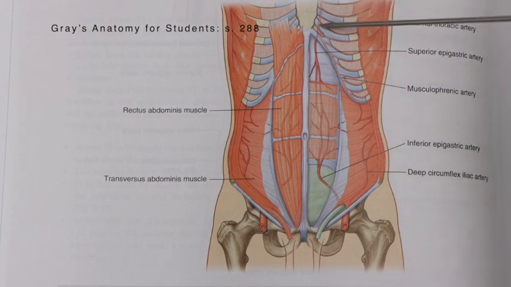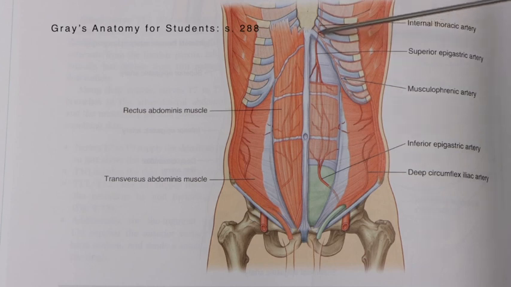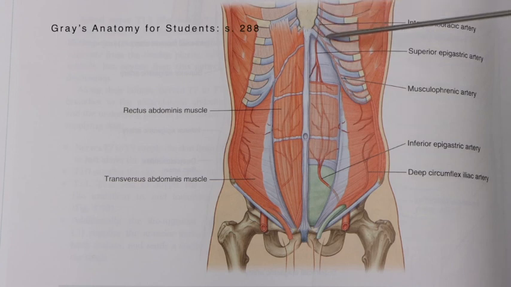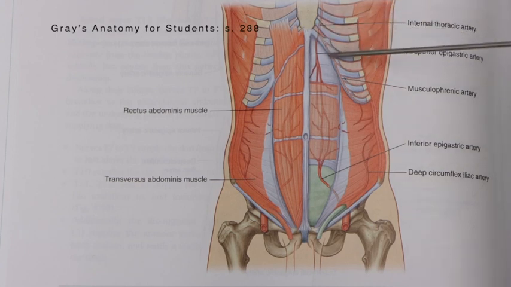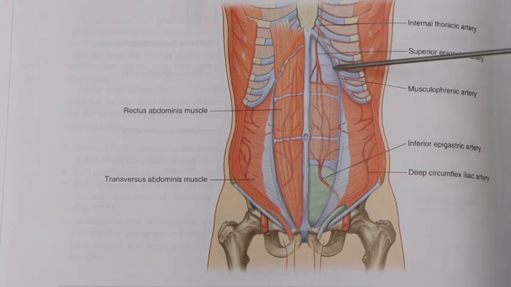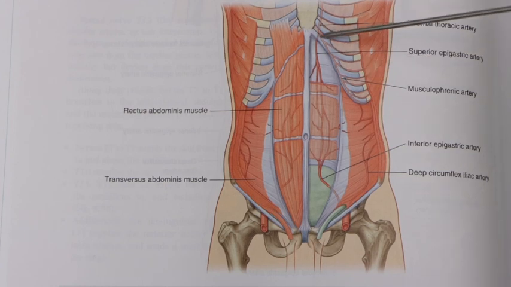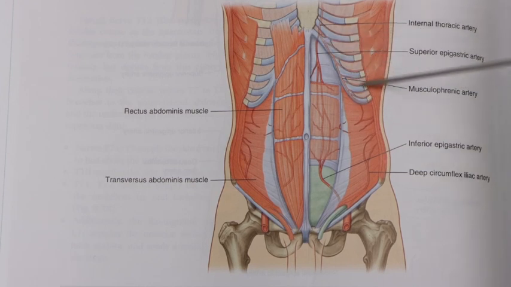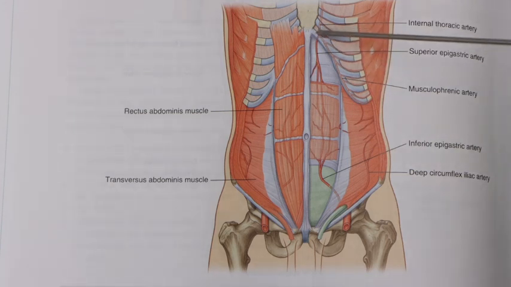Then at the level of the 6th costal cartilage, it gives two terminal branches. One passes around the margin of the diaphragm, continuing from the sternum and going laterally. It's called the musculophrenic artery, one of the end branches of the internal thoracic artery.